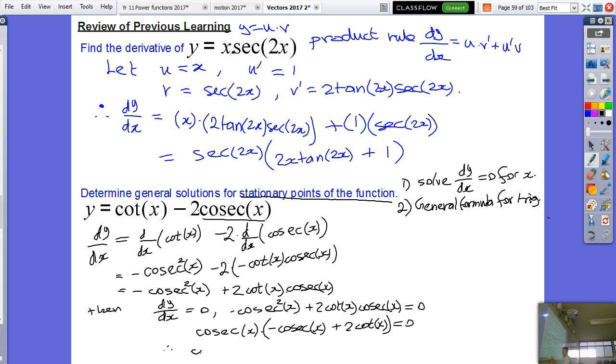Therefore, using the null factor law, cosec of x has to equal 0, and the second part, negative cosec of x plus 2 cot of x is equal to 0. Now two parts, and that allows us to go ahead and solve them separately.